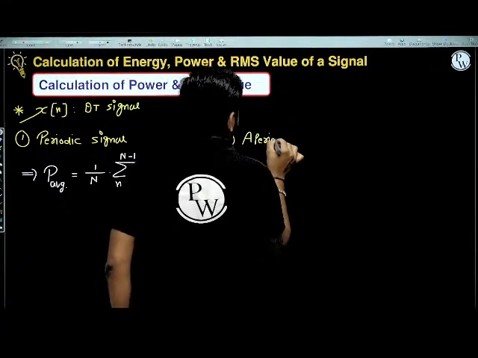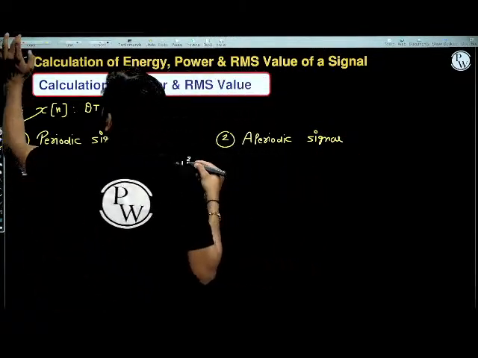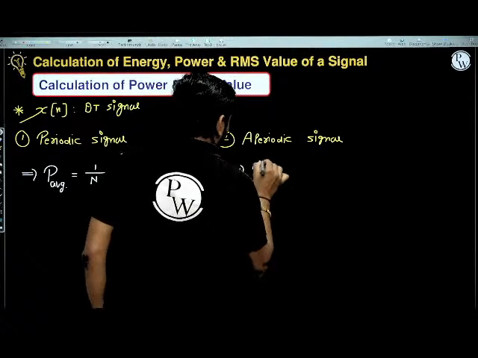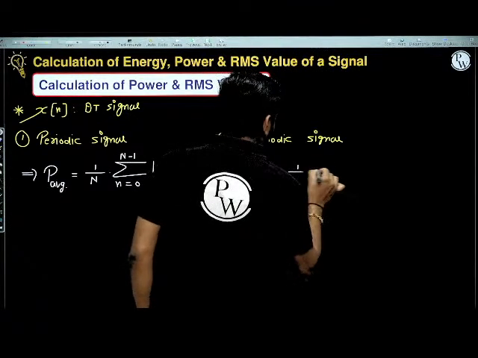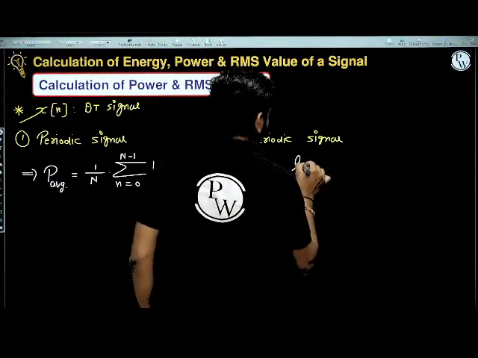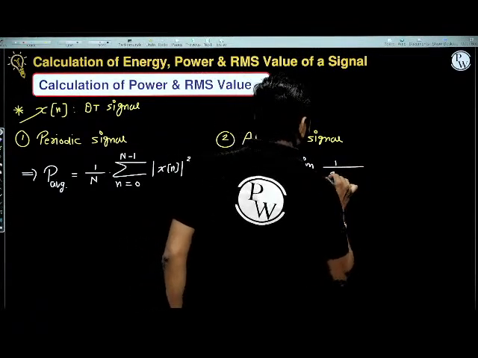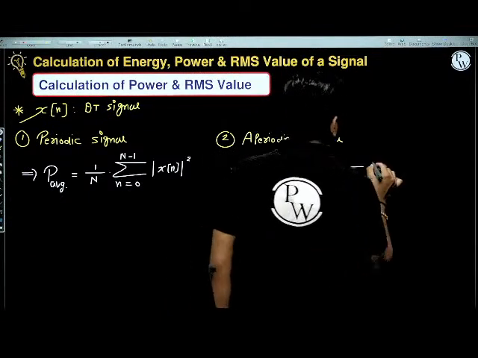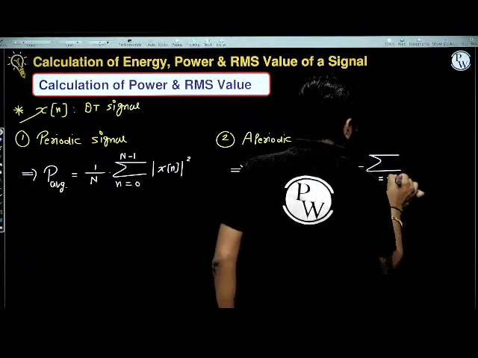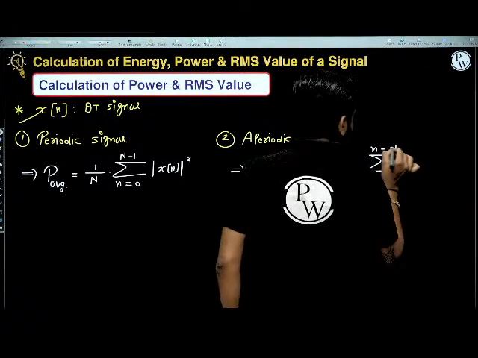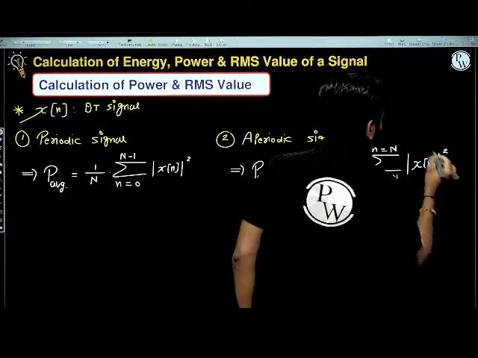So if x of n is an aperiodic signal, then the average power is given by the limit as N tends to infinity of 1 upon 2N plus 1, summation n from minus N to plus N, again mod x of n square.